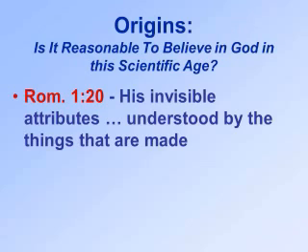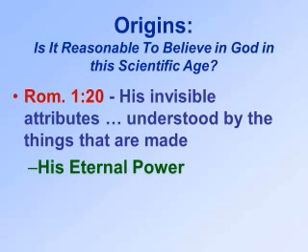But Romans 1 in this book says, "Since the creation of the world, his invisible attributes are clearly seen, being understood by the things that are made, even his eternal power and Godhead, so that they are without excuse." Here's the argument: you can see God even though he's invisible.